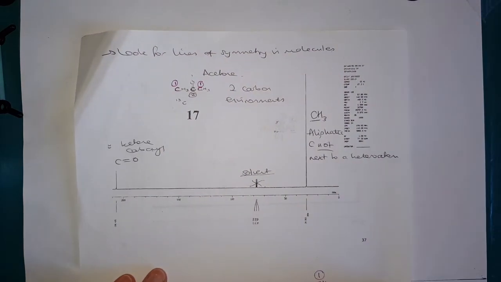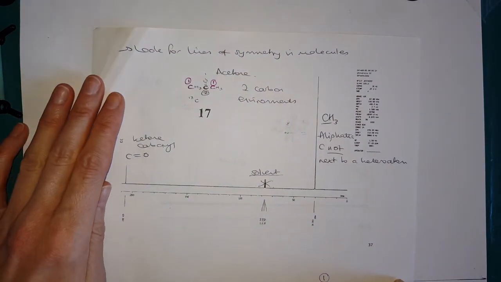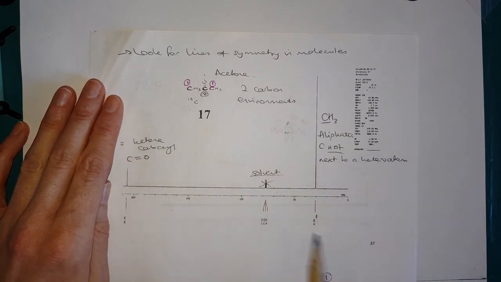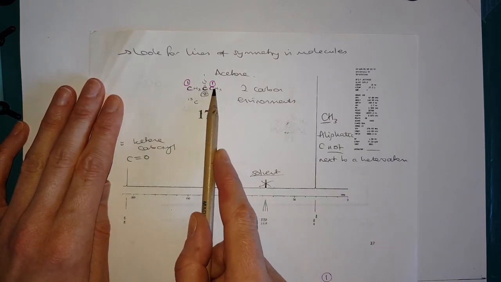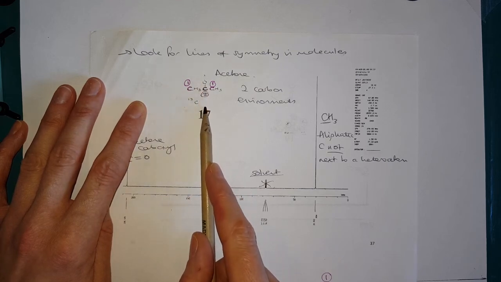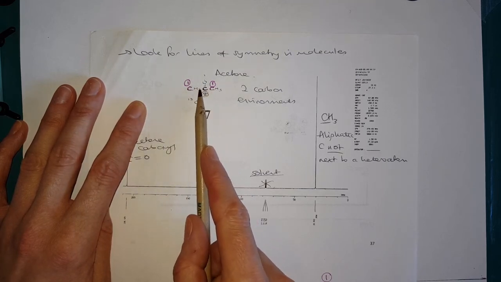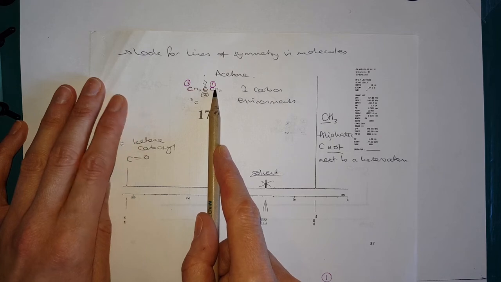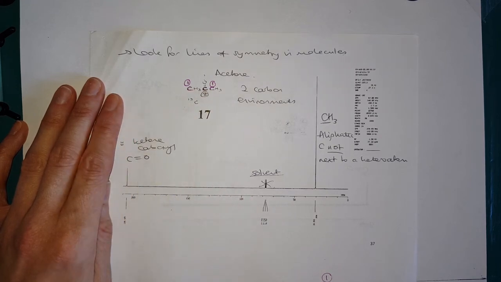So what about going back to our initial example of acetone, where we have two carbon environments in the molecule. Because we've got a line of symmetry down the middle, both methyl groups are what we call equivalent. So we're seeing two peaks.